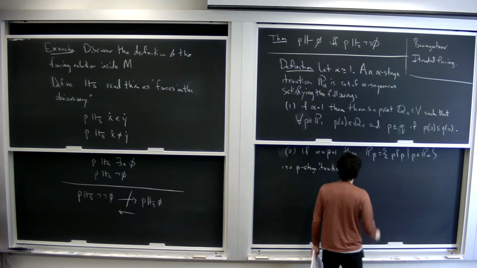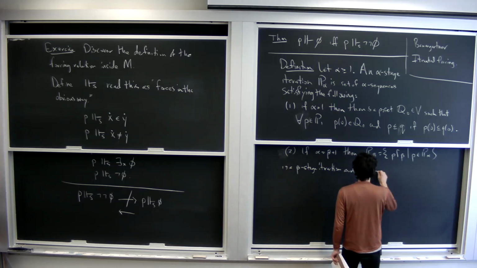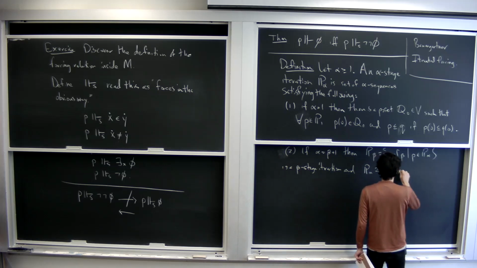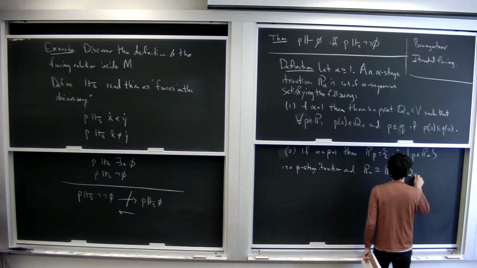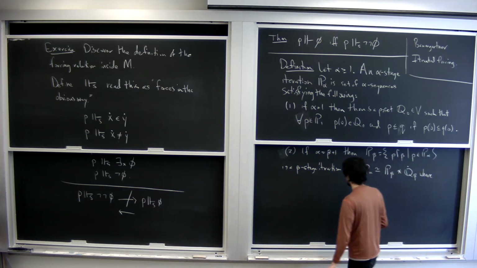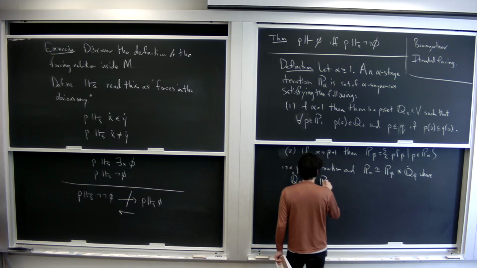And we'll just say that P alpha is isomorphic to P beta star Q beta, where Q beta is a name.